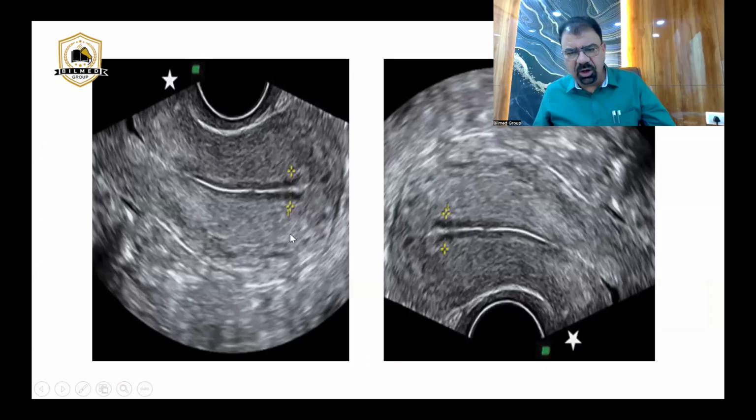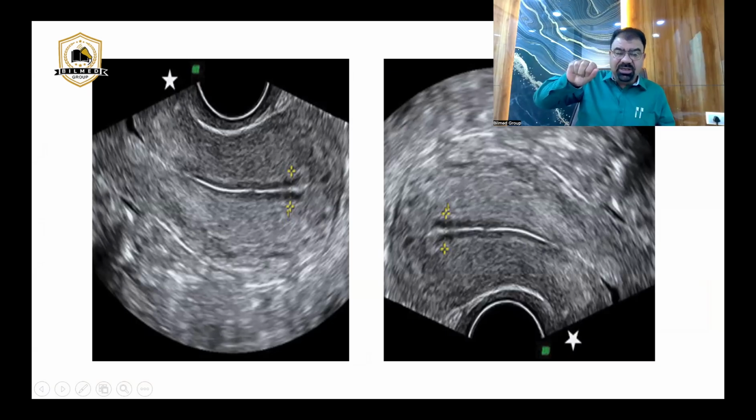This is the screen of a TVS probe. This is anterior, this is posterior, this is superior, and this is inferior, depending on whether you have rotated it towards the right or towards the left side of the patient.